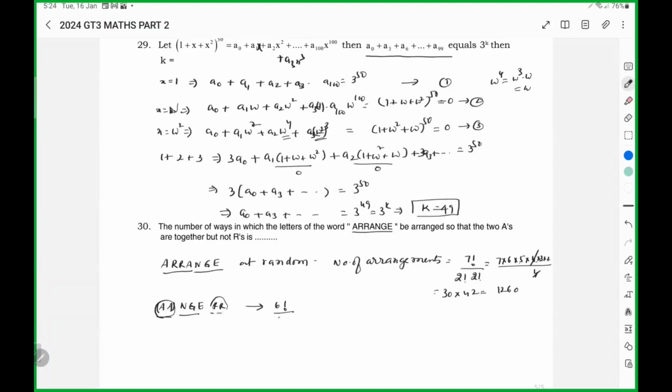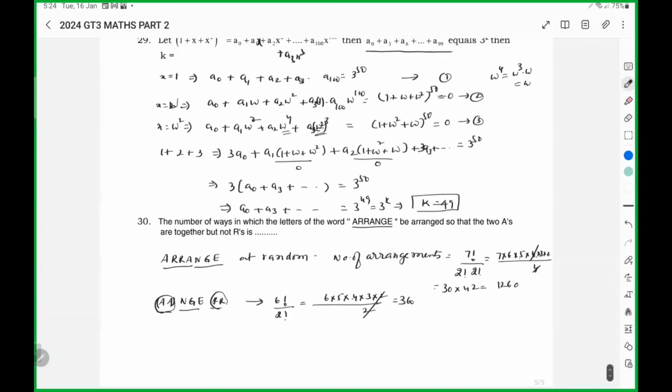Only we have to consider R as two different letters. So 6 into 5, 4, 3, 2 by 2, 12, 6, 360 possibilities.